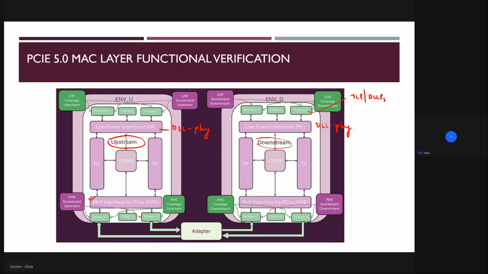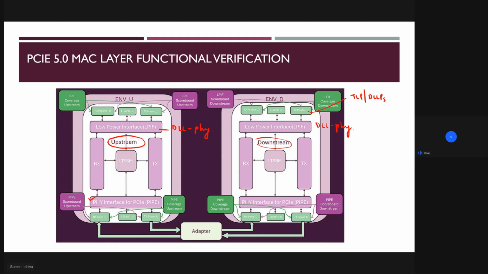For the PIPE interface we have RX slave downstream and TX slave downstream. Both of these components will monitor the ordered set flow through the link and predict the next LTSSM state. This is about the TX and RX slave devices.